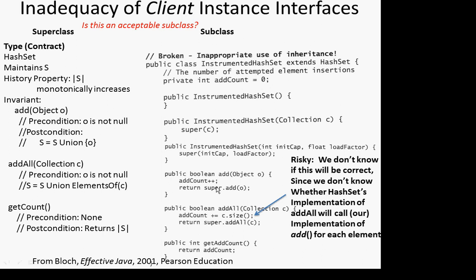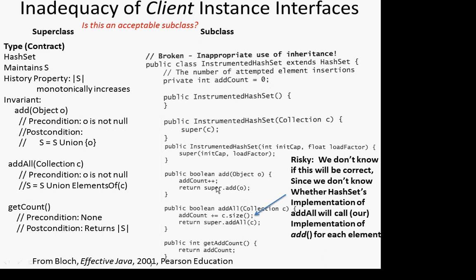So if I have an instance, ladies and gentlemen, of instrumented hash set, we'll call it IHS, maybe we'll call it S. Let's suppose that I haven't overridden add all in the instrumented hash set, okay?